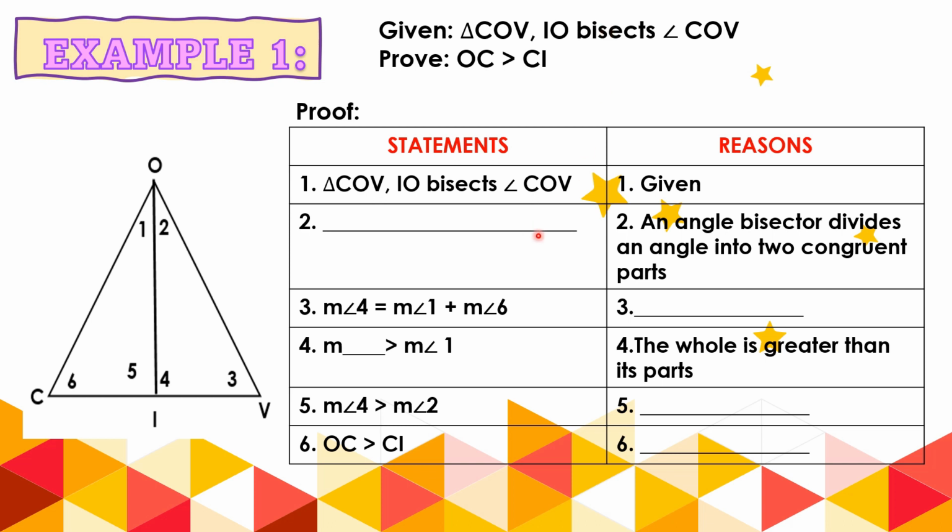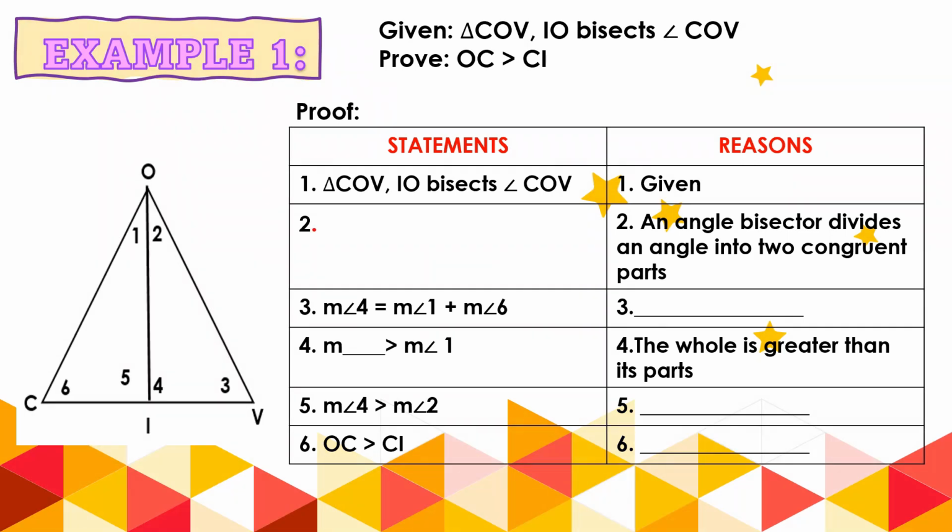So, what will be our statement if the reason is an angle bisector divides an angle into two congruent parts? As we all know, if IO bisects angle COV, it divides angle COV into two congruent angles.